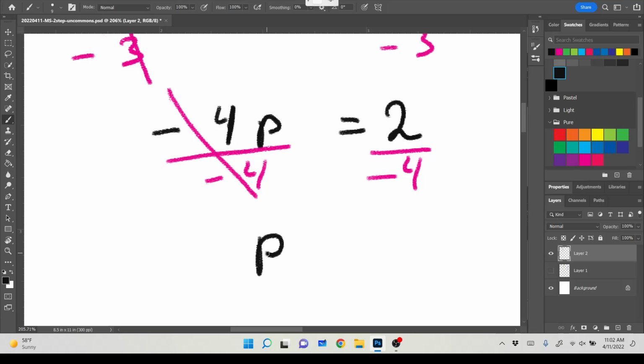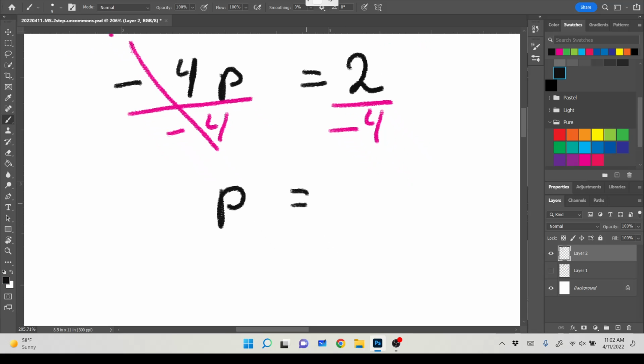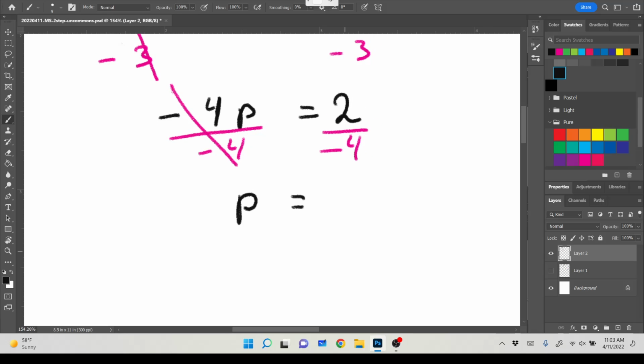So we're left with p equals, and then 2 divided by negative 4, what's that going to reduce to? Negative 2 over 4, right? But I see what you're saying. What are we going to divide both by? 2. So what's left on the top? 1/2. That's right.